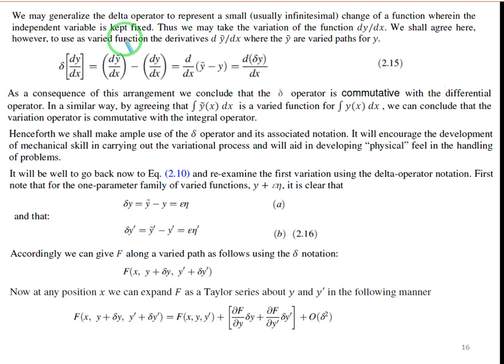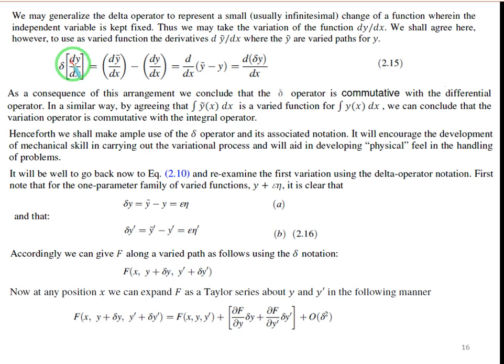The delta operator has some important properties. For example, the first important property of the delta operator is that the variation of the derivative of the function is equal to the derivative of the variation of the function. We can prove it very easily.